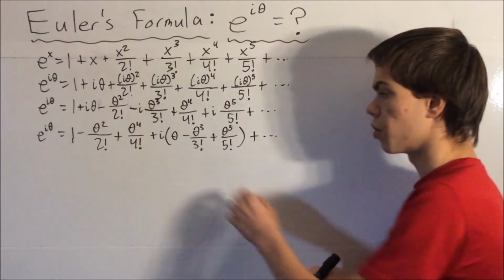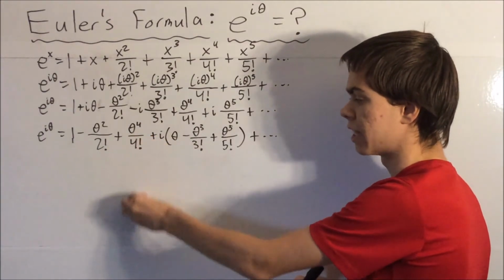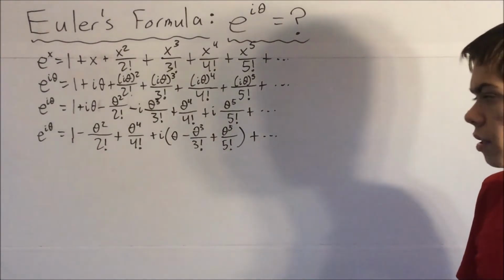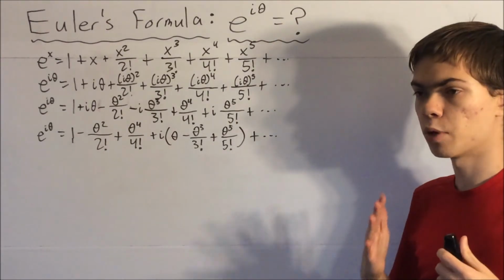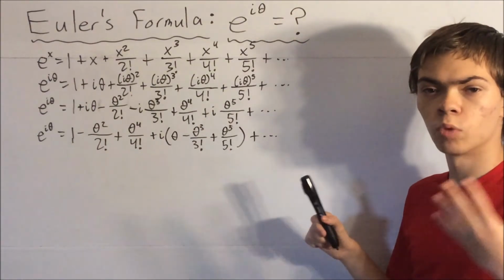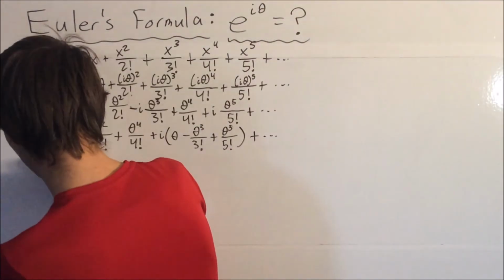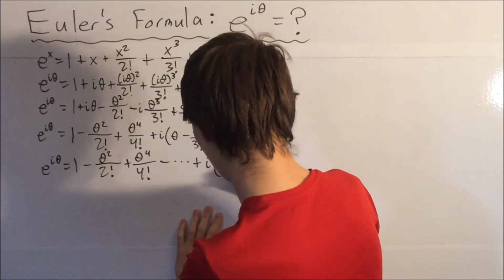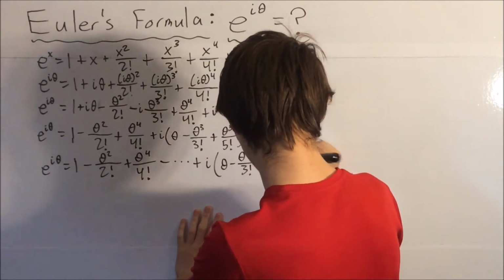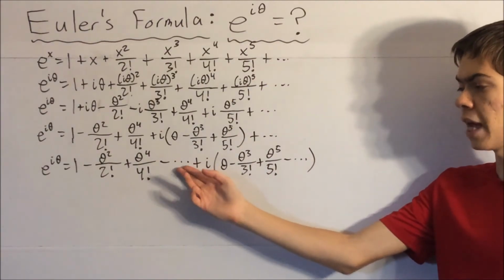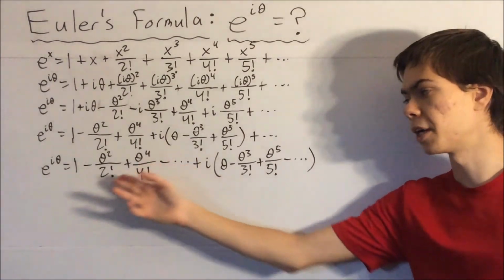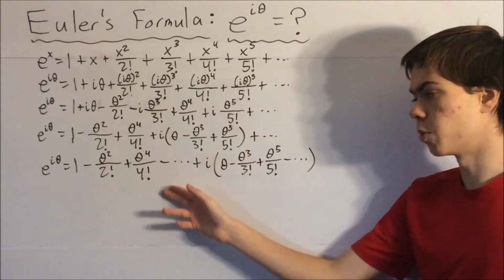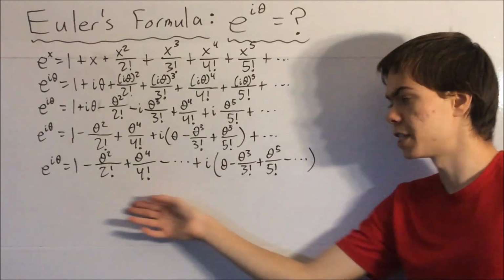So that means there's going to be a continuation of things that are added here and a continuation of things that are added here. Now it turns out that if these real and imaginary parts keep adding, more real components are going to be added in an alternating sign way, with the same pattern that we see.